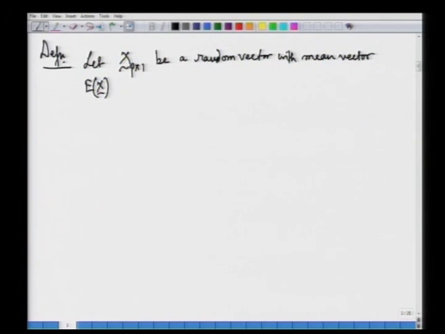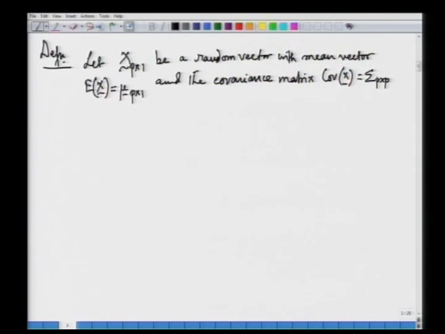This is the expectation of x, which is another vector mu, and the covariance matrix sigma, which is a p by p square matrix. x is said to follow a multivariate normal distribution.